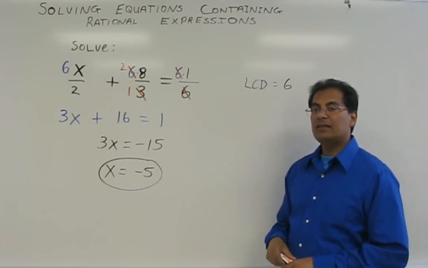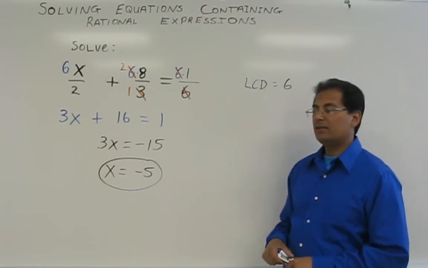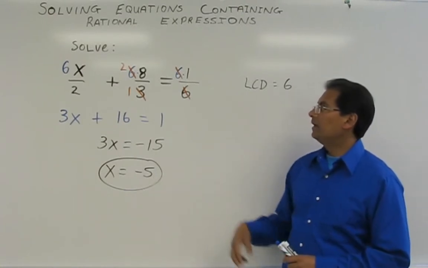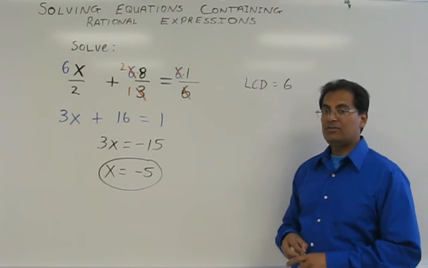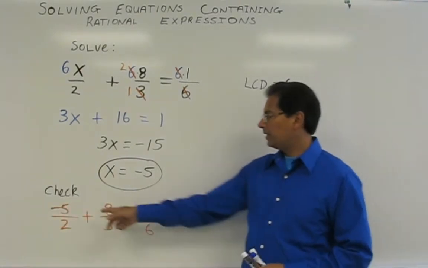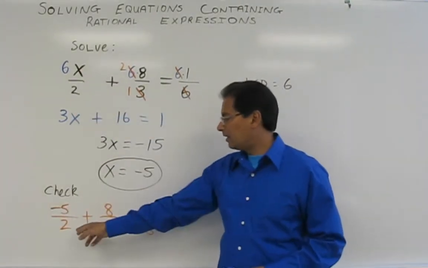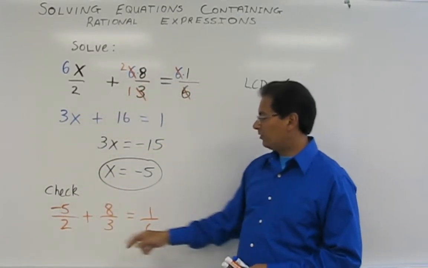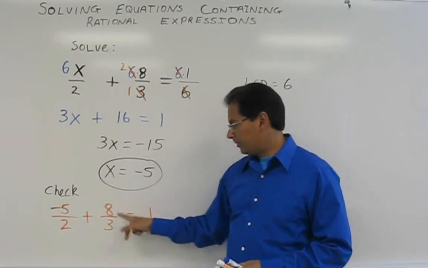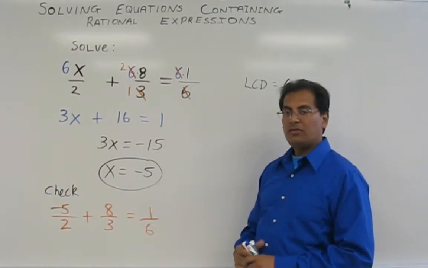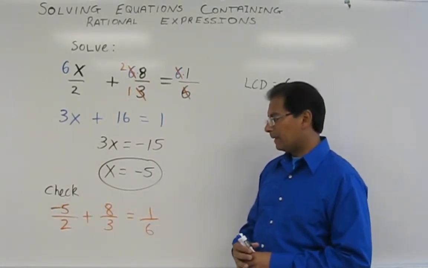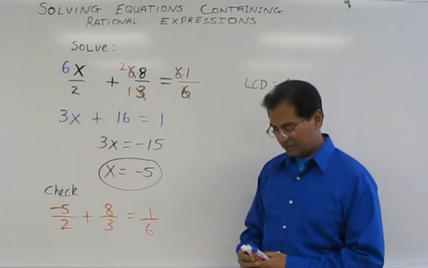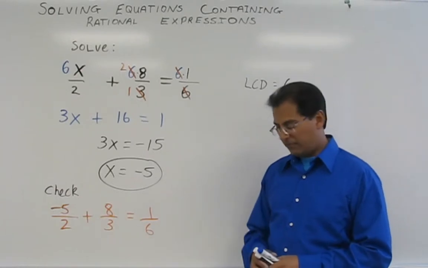Now we should always check this, so let's go ahead and check this. Our solution is negative 5, and we're going to check negative 5 in our equation to see if it actually satisfies the equation. So we plug in negative 5 for x, and our equation was x over 2 plus 8 over 3 equals 1/6. So is negative 5 over 2 plus 8/3 equal to 1/6? We have to add these fractions, and we do that by getting a common denominator of 6 and making these equivalent fractions.